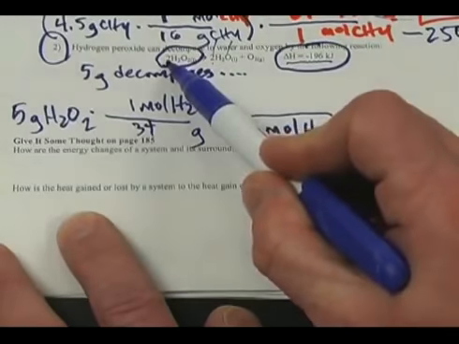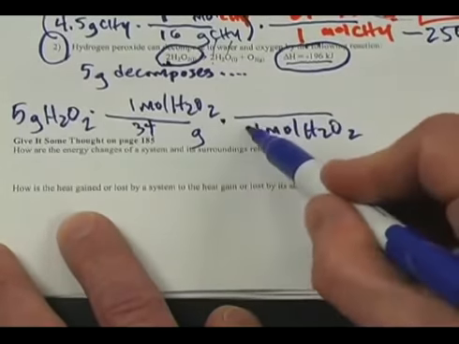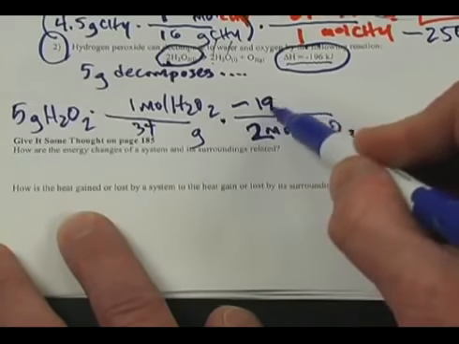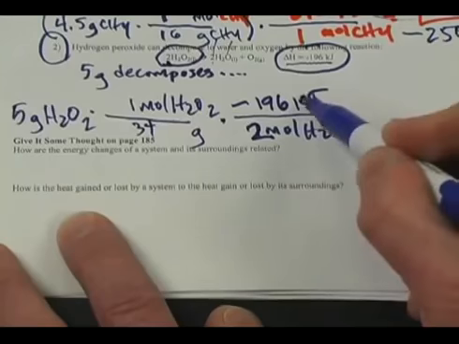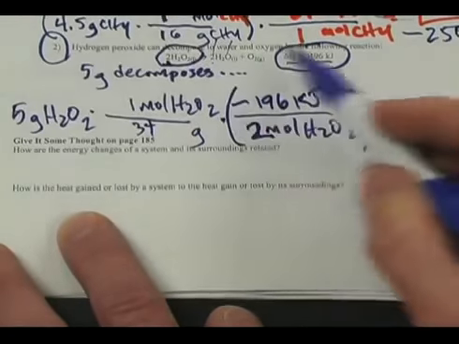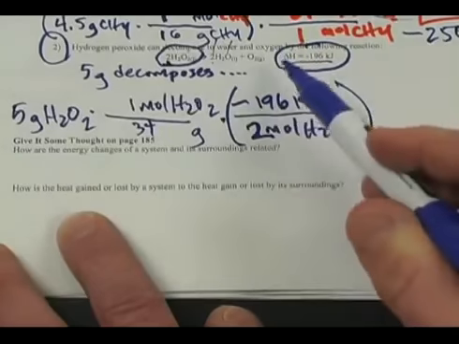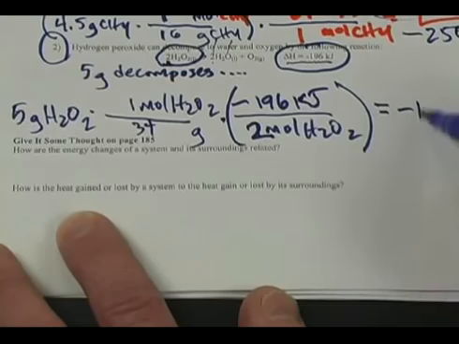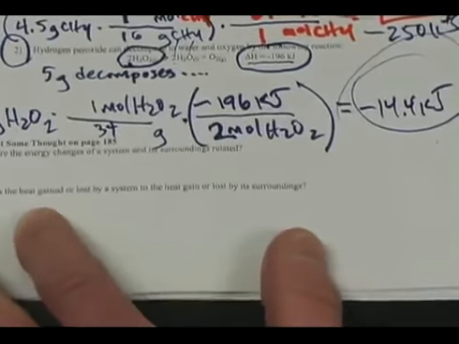Notice there's a 2 in front of the H2O2. For every 2 moles of H2O2, there are negative 196 kilojoules released. So see how this relationship right here comes from the balanced chemical equation, a 2 to negative 196 relationship. If I multiply this through, I should get negative 14.4 kilojoules or so that are released.